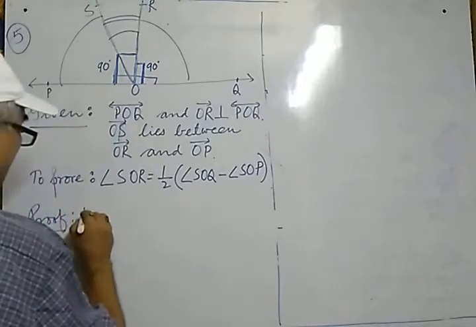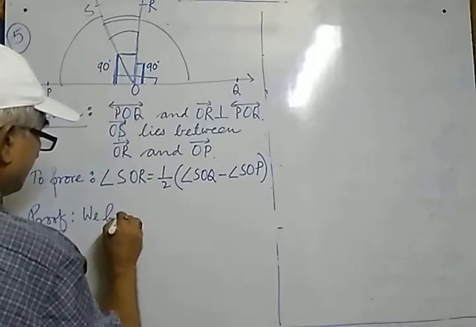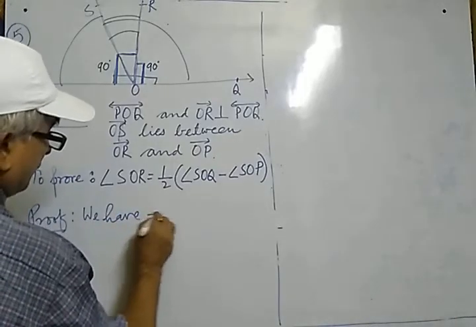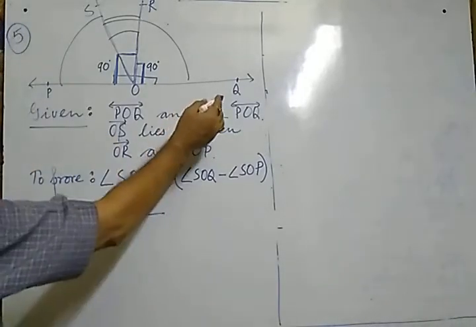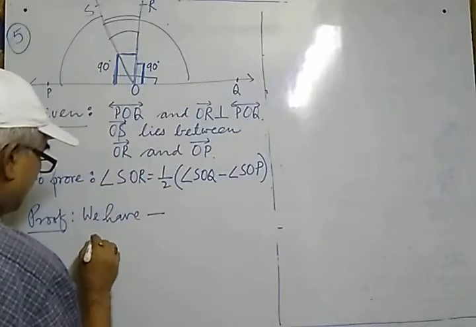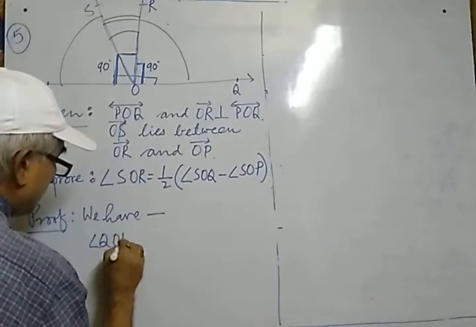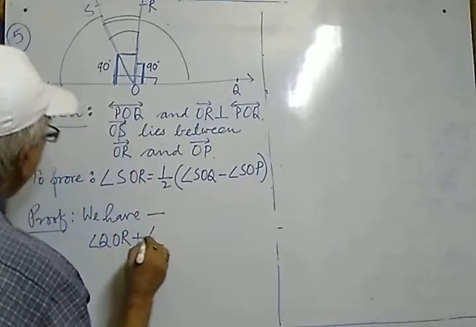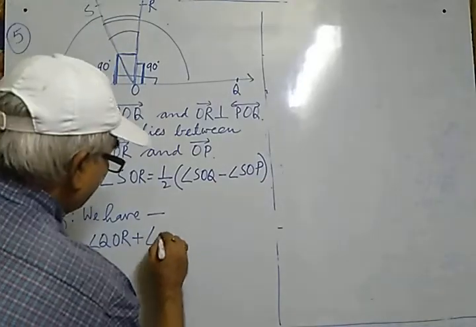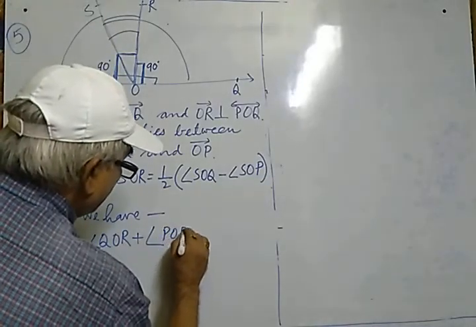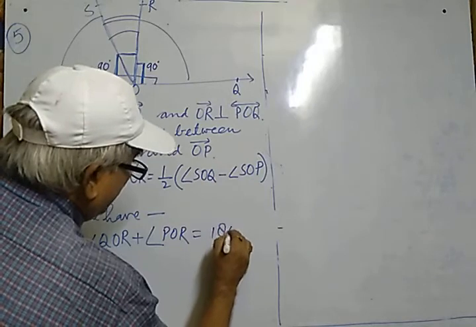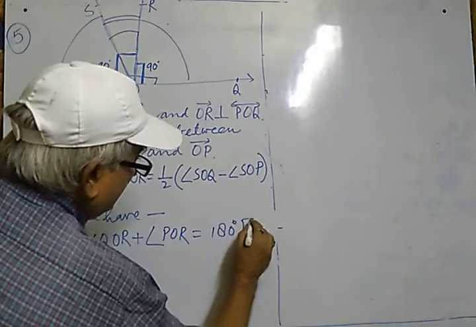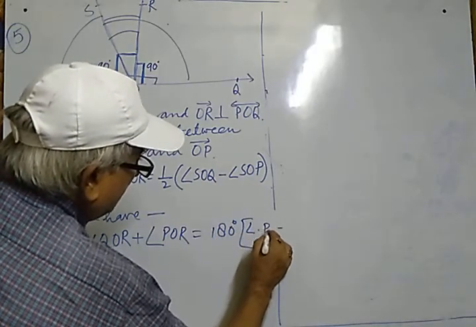So we have angle QOR plus angle POR equal to 180 degree. And what reason will be there? This one is linear pair.